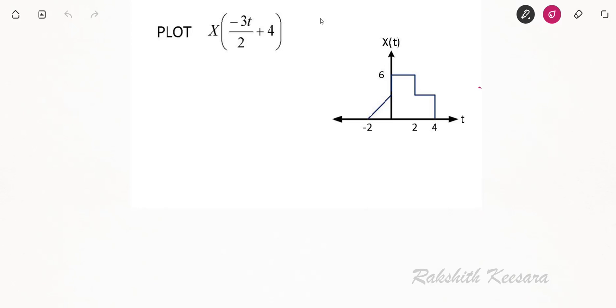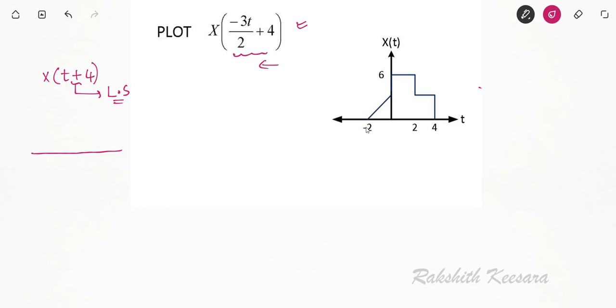Next, this is a continuous signal. Let us see how to plot this. First, I will proceed from right to left. I should do time shifting. Here plus indicates left shift.